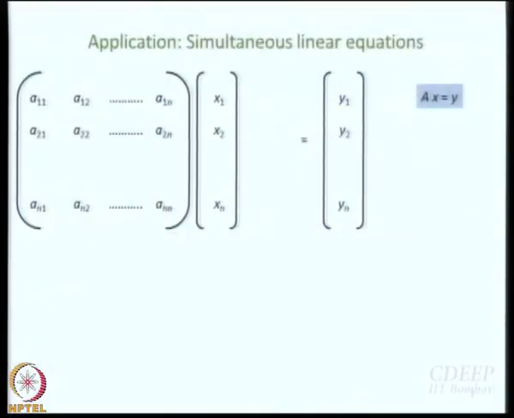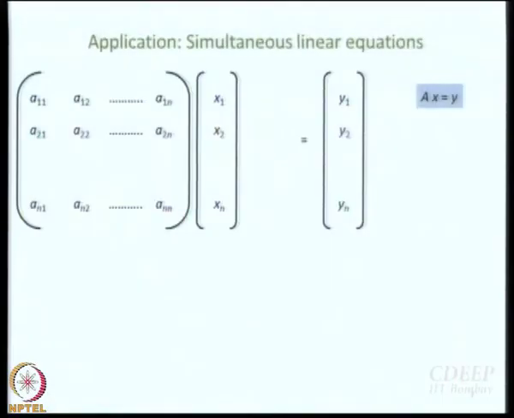All of a sudden, why have we started talking about the inverse? The biggest use of the inverse of a matrix is in simultaneous linear equations. I think we all know that we can write a set of simultaneous linear equations in matrix form. We have already written one or two.